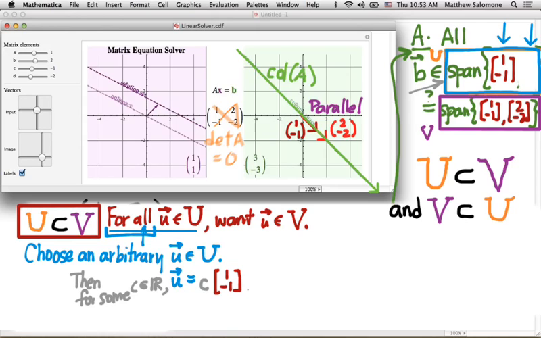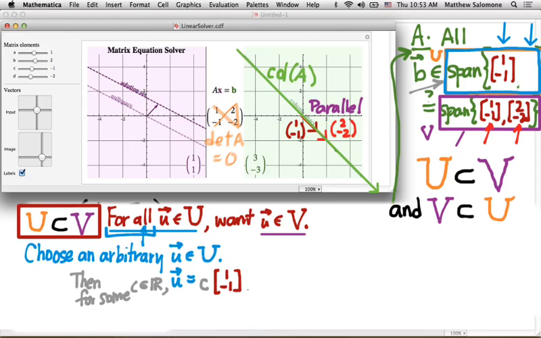But what are we trying to show? We're trying to show that u belongs to V. In other words, we're trying to show that it belongs to the span of the vectors (1, -1) and (2, -2). In other words, we need to show that u is a linear combination of both the vectors (1, -1) and (2, -2).